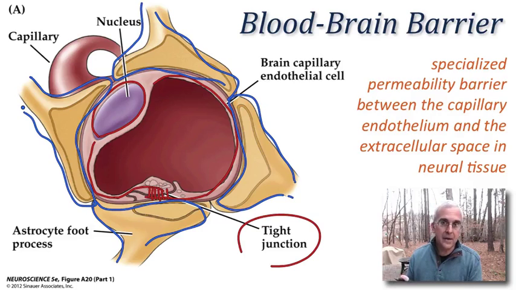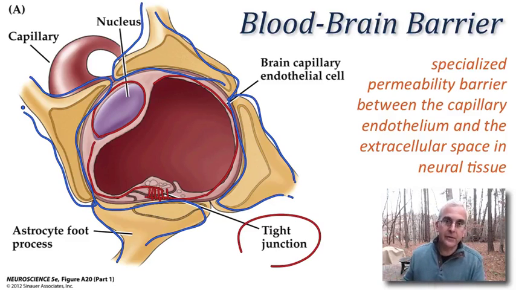That is to say, the tight junctions are not present, and there are openings that allow substances to diffuse across this junction between brain and bloodstream. And so that's important, for example, at the base of the forebrain, where we find the hypothalamus, where there are neurons that are secreting peptides into the blood that will affect the anterior pituitary.